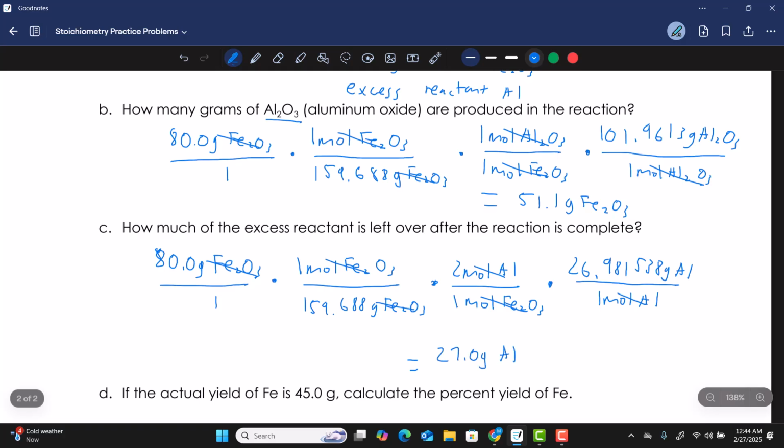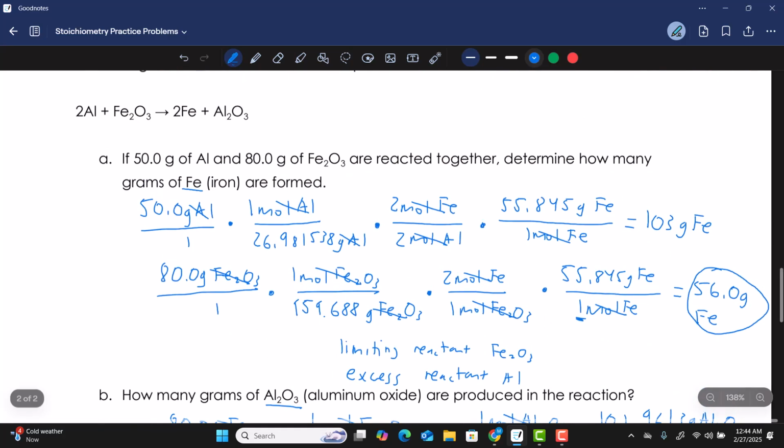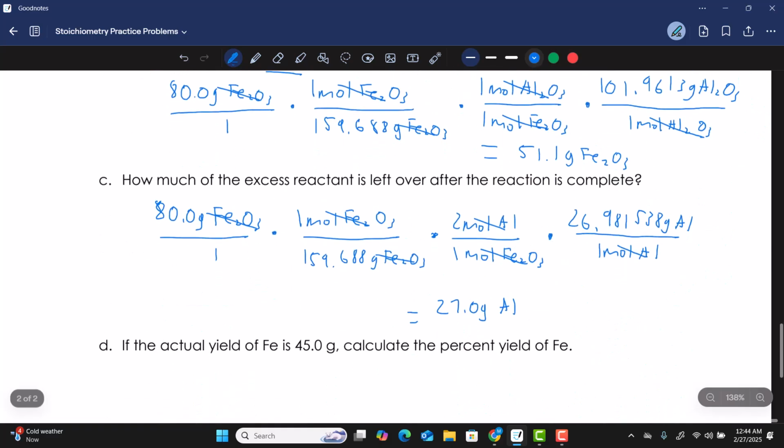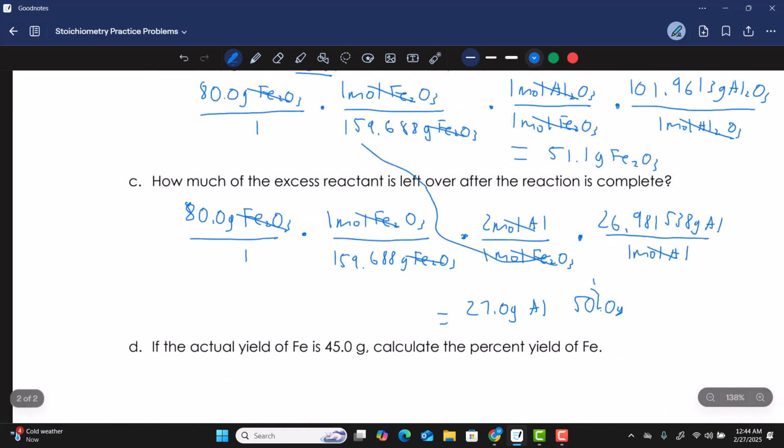So this is the grams of aluminum that was used in the reaction, but we want the amount that was left over after reaction was complete. So we would look at the original amount, which was 50.0 grams, minus the grams that was used, which is 27. And that would give us the amount that was left over, which is 23.0 grams of aluminum.